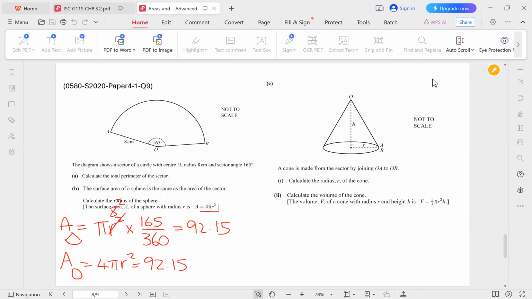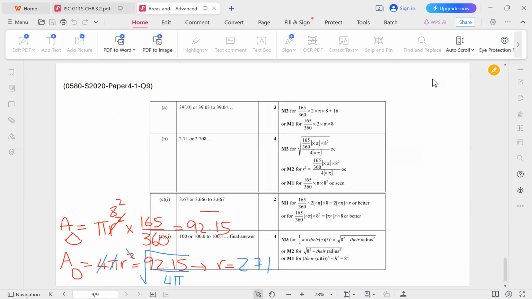We isolate the R. So R is going to be, first of all, we take the 4 and the pi to the other side in the denominator, and then we get rid of the power by taking a square root. So square root and then fraction, and then 92.15 in the numerator and 4 times pi in the denominator. You get 2.71 for the radius. Let's check the marking scheme. So the answer to B is 2.71, and we are going fine so far.